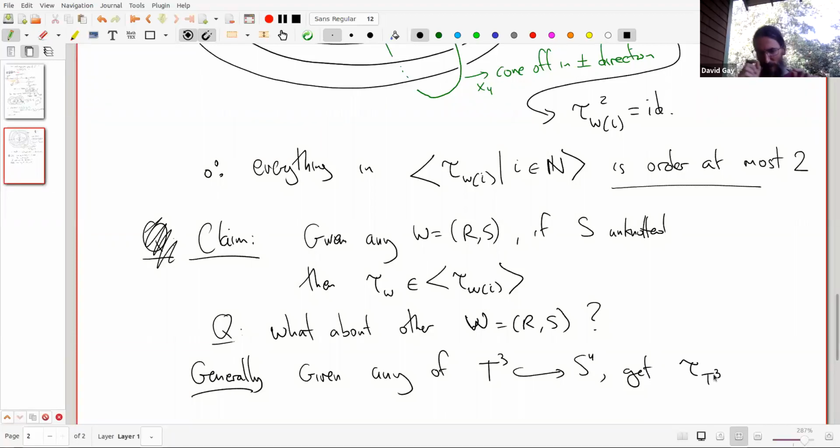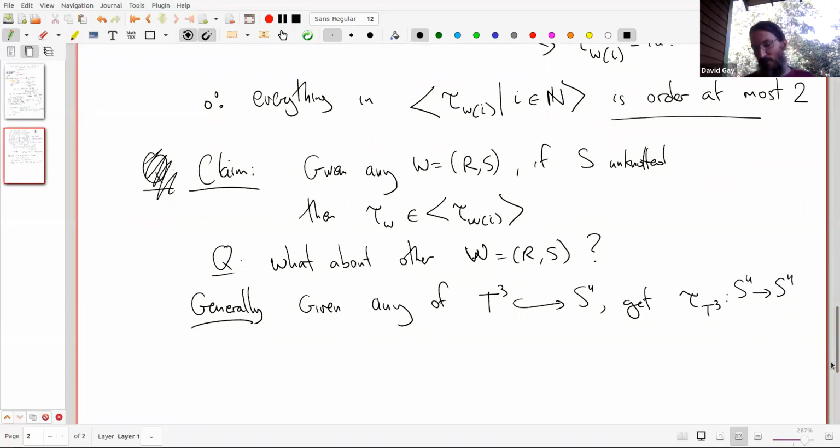I mean, you have to have a parameterized 3 torus, and then you twist along it. You take a neighborhood of the 3 torus, [-1, 1] cross the first factor, do a Dehn twist there across the identity, and that gives a map from S4 to S4. And that's an interesting collection of elements in pi0 Diff plus of S4. And you can ask, are these all isotopic to Montesinos twin twists?